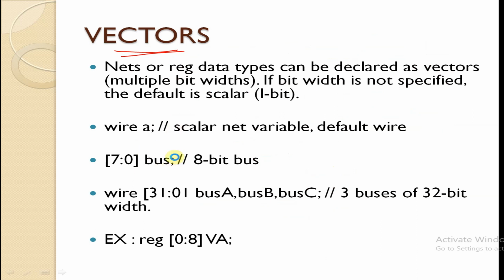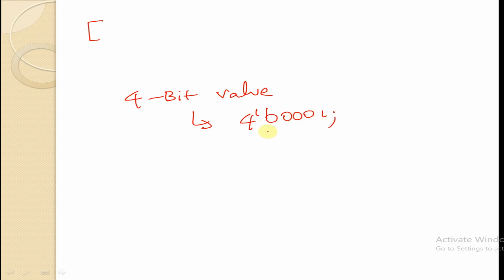For creating vectors, we have a syntax. For example, we have to store a 4-bit value, let's say 4'b0001. First I will take the scenario where we want to store this value in a register. I will declare reg followed by the size.